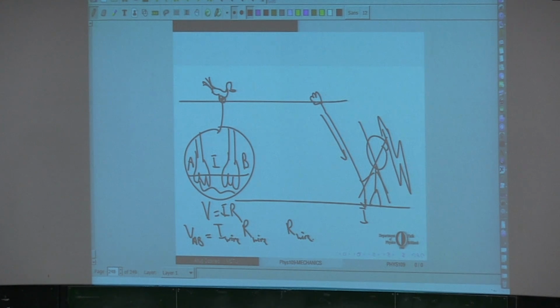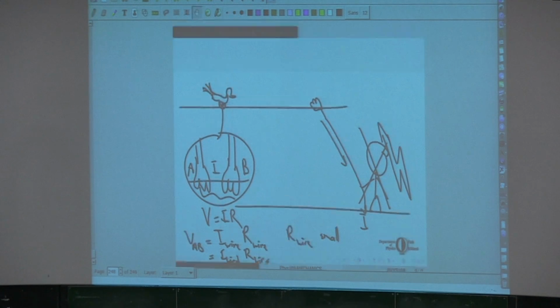The resistivity is very small. Since the resistance of the wire is very small, the potential difference between A and B is very small. It will also be equal to the current that runs through the bird times the resistance of the bird.